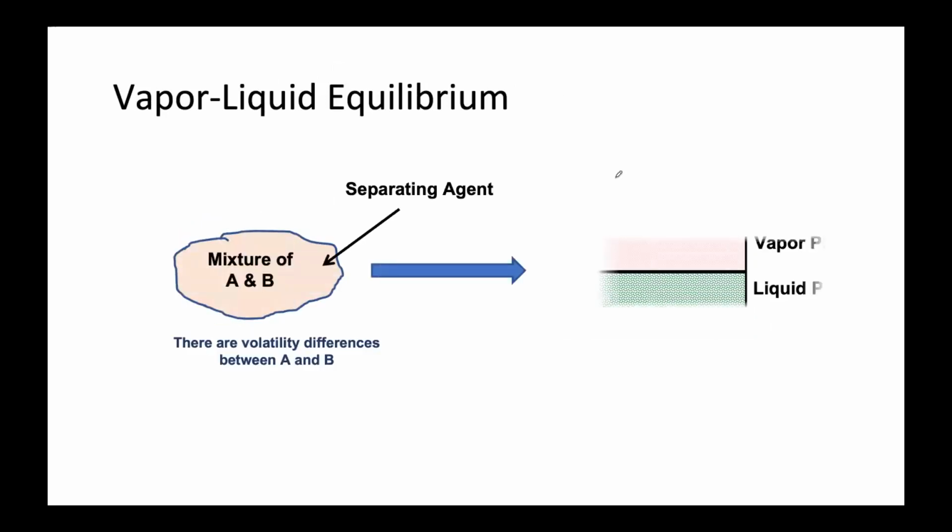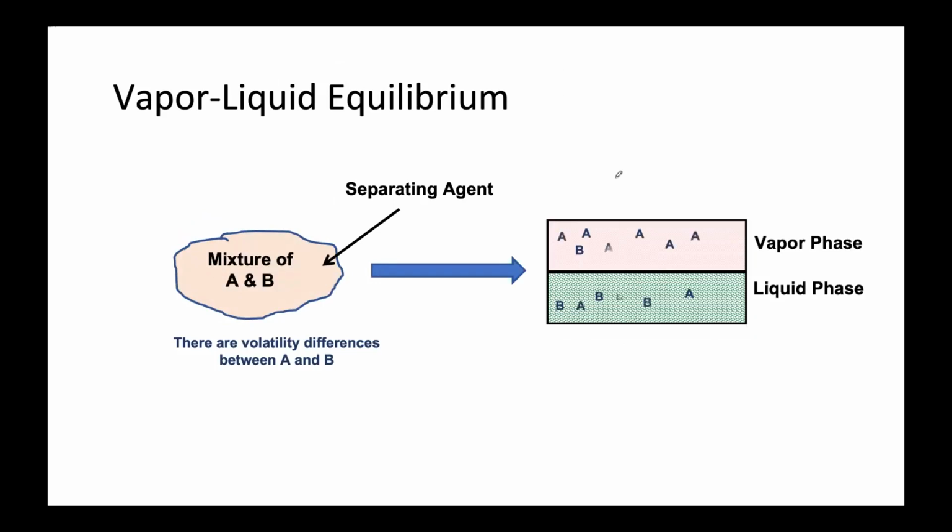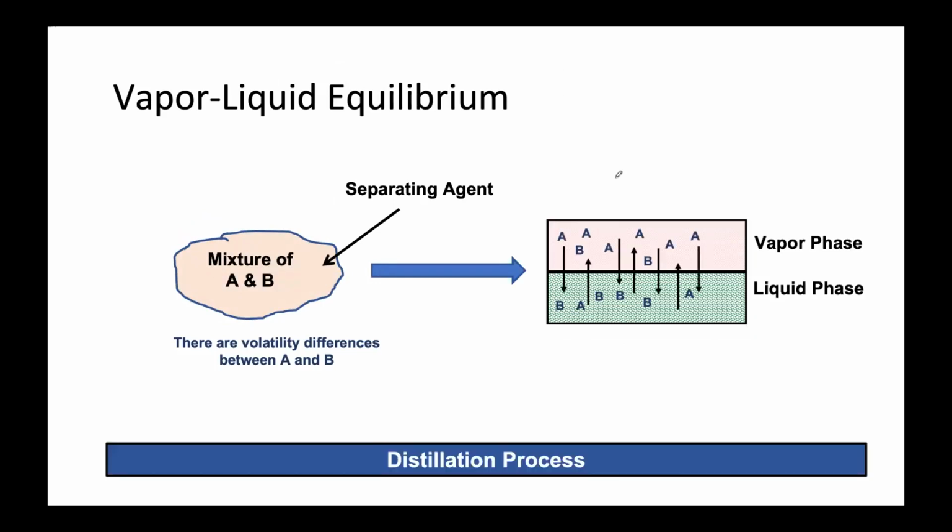So this is about the distillation process. The separating agent is the energy or heat, so we increase the temperature by adding heat, dipanaskan.